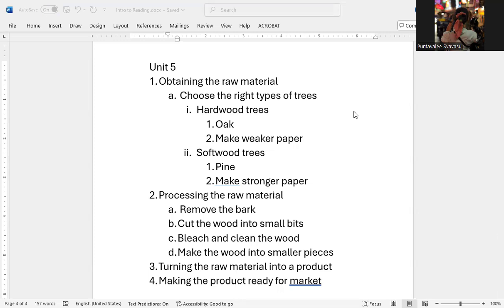You can see the answer right here. Be aware that this is just a suggested answer, so it doesn't have to be exactly the same, but if it contains the same idea, then that is fine.